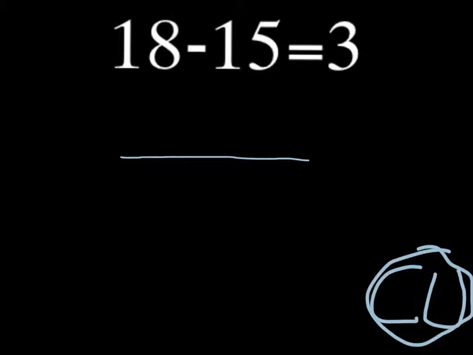Now let's close that up. As you can see here, now I'm going to draw it 15 starting here, because that's how I do it, because we're counting up. So we start at 15 and count up all the way until we reach 18.